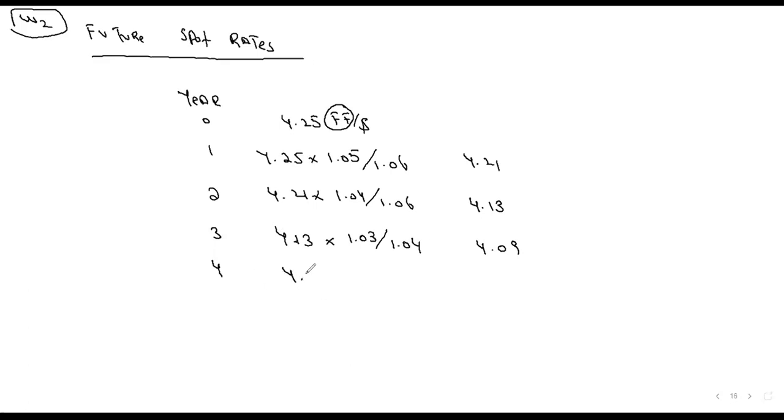Now 4.09 multiplied by 1.02 divided by 1.03, which is 4.01. And remember, these all rates are in FF over dollar.